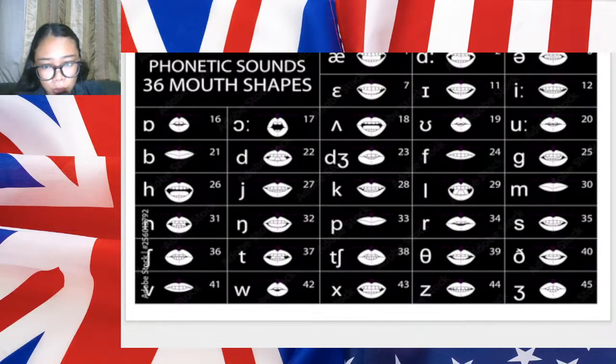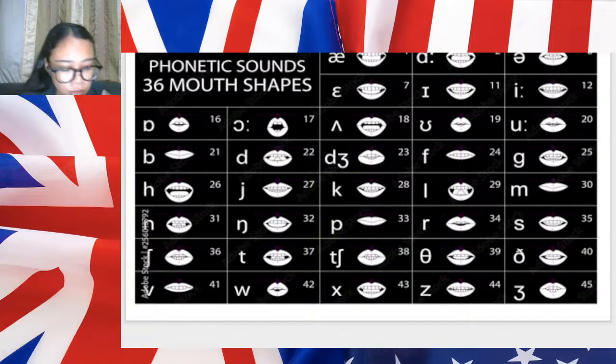So we try to narrow this down and grasp the concepts more effectively by showing you how your mouth is formed, the mouth shapes for phonetic sounds. What does this mean? It's bridging the gap between the abstract IPA symbols and the physical act of making sound.